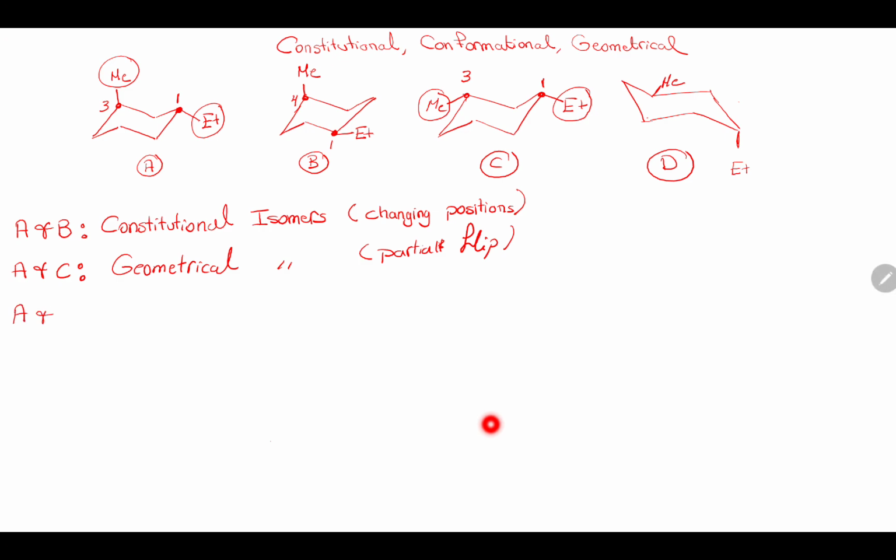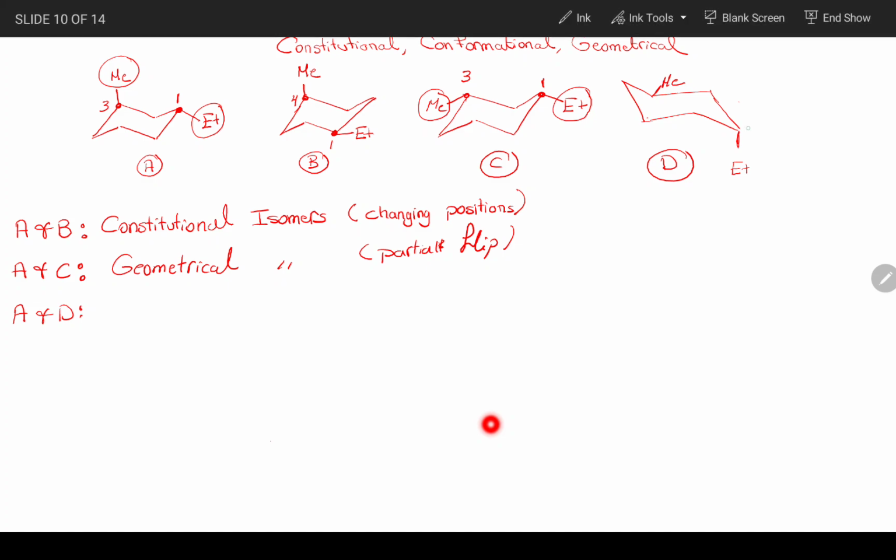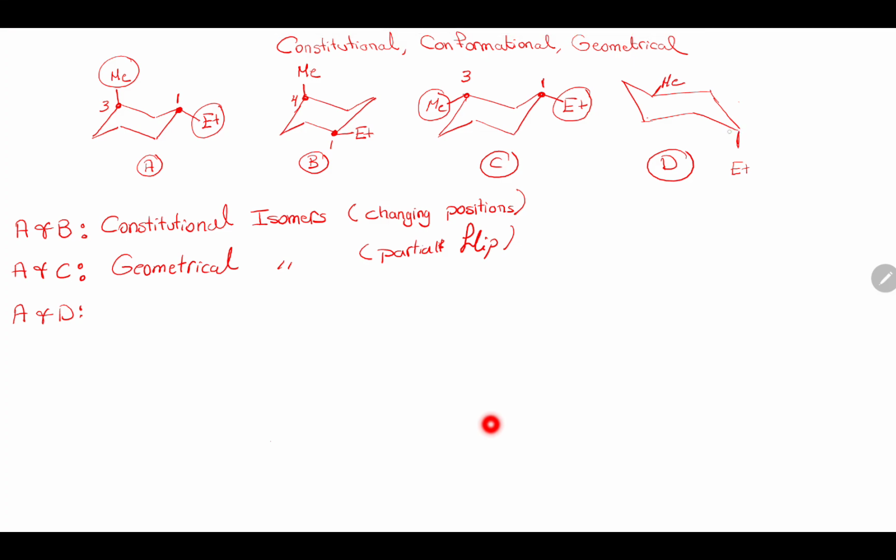Finally, A and D. In A and D, the groups are at positions 1 and 3. So those are not constitutional isomers. Ethyl, which was equatorial, is axial now, and methyl, which was axial, is equatorial now.